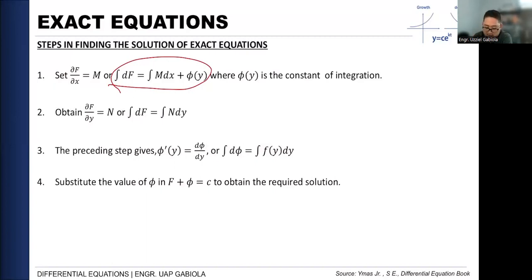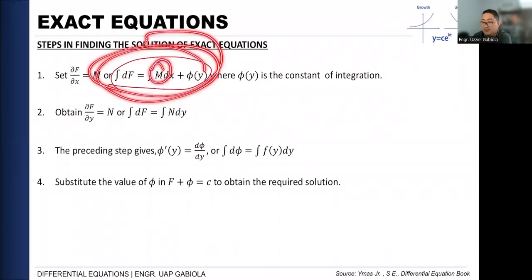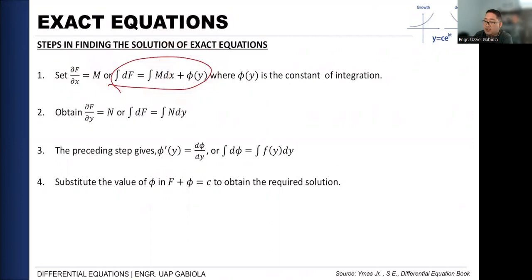Okay? Then once you have written this, you substitute the M value from the previous slide there. Once you have substituted it, what you perform next is the integration, since it is written as an integral, and you get the value of f. And then next, you take the partial with respect to y according to this. It is all sequential, but I think you would appreciate this when we apply it to our example.